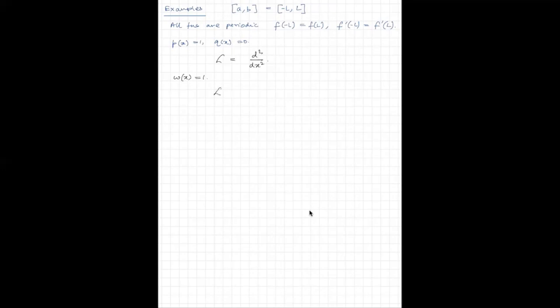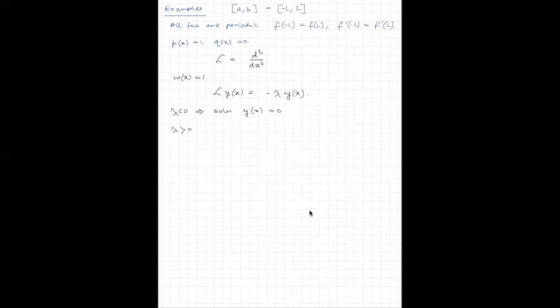Now, our eigenfunction equation is L of y(x) is equal to minus lambda y(x). If lambda is less than 0, then the only solution that obeys the boundary condition is y(x) equal to 0.